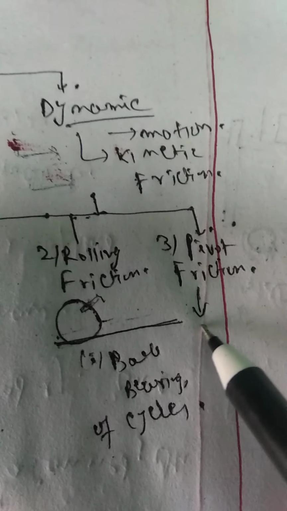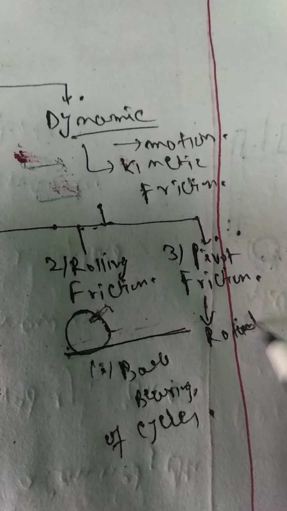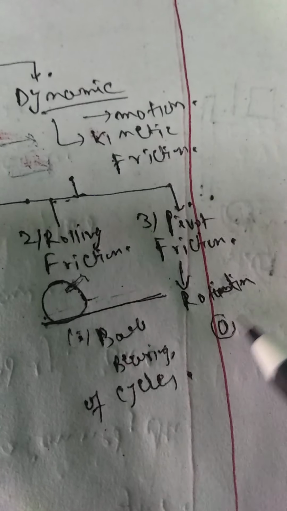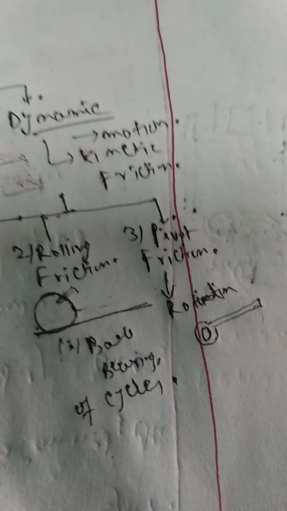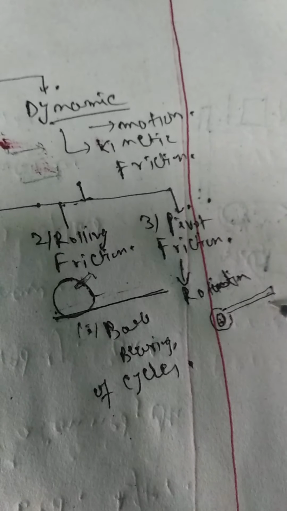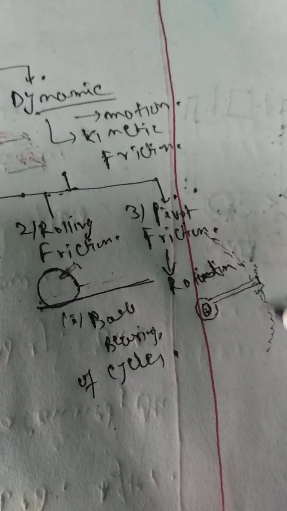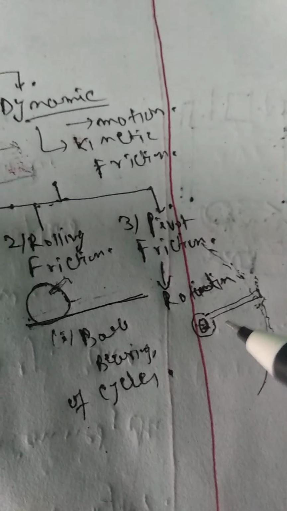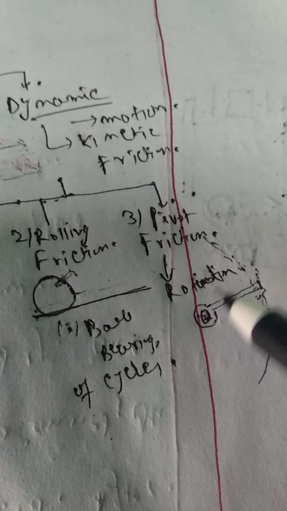Suppose there is a pivot and another body that is able to rotate about this pivot, in this direction. So this is pivot friction. An example of this friction is in bearings, in footstep bearings.